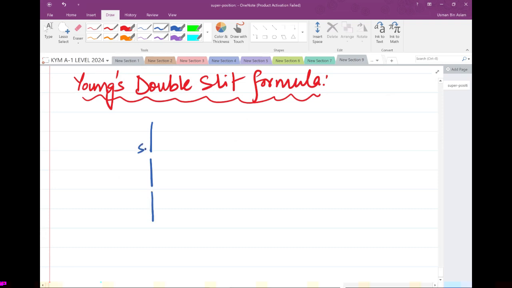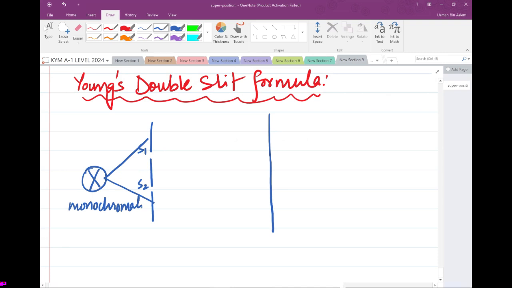These are the two sources, S1 and S2. They are not actually two different sources. They are actually illuminating the screen from the same light source. That means this light source is monochromatic, that means it gave out a single wavelength. So the pattern that will be forming on the screen is always going to be the same.